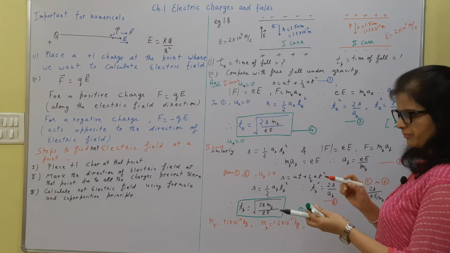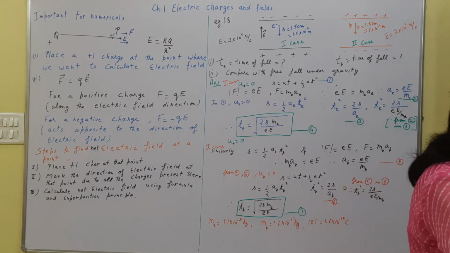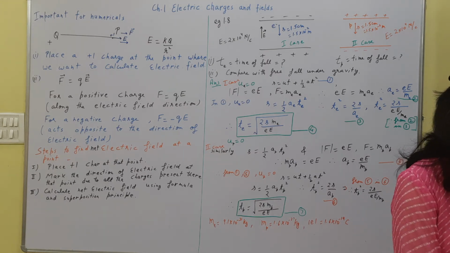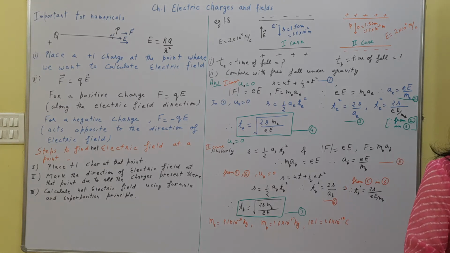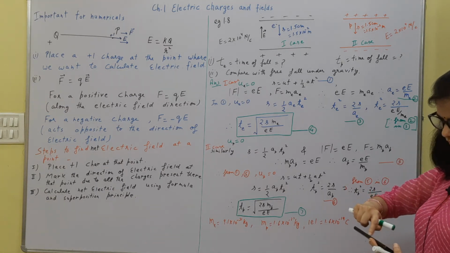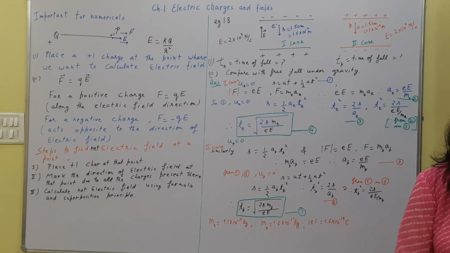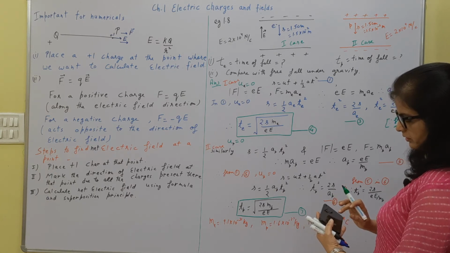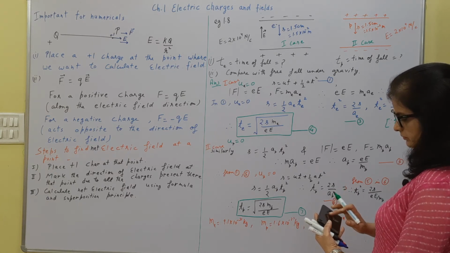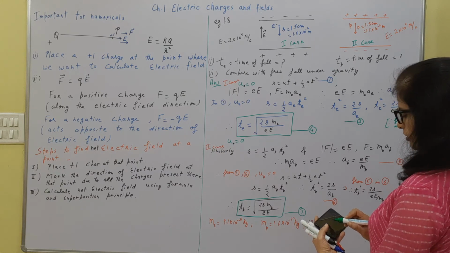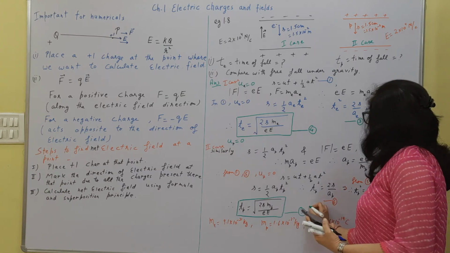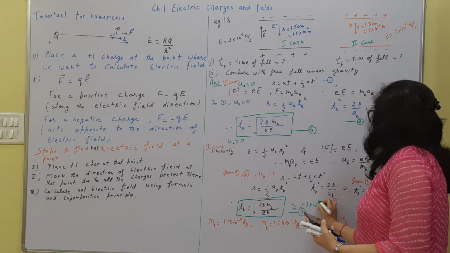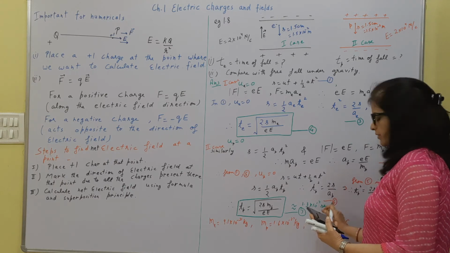On calculating, I am writing the result directly from your NCERT. The value for proton comes out to be 1.3 into 10 to the power minus 7 seconds, a very small time.